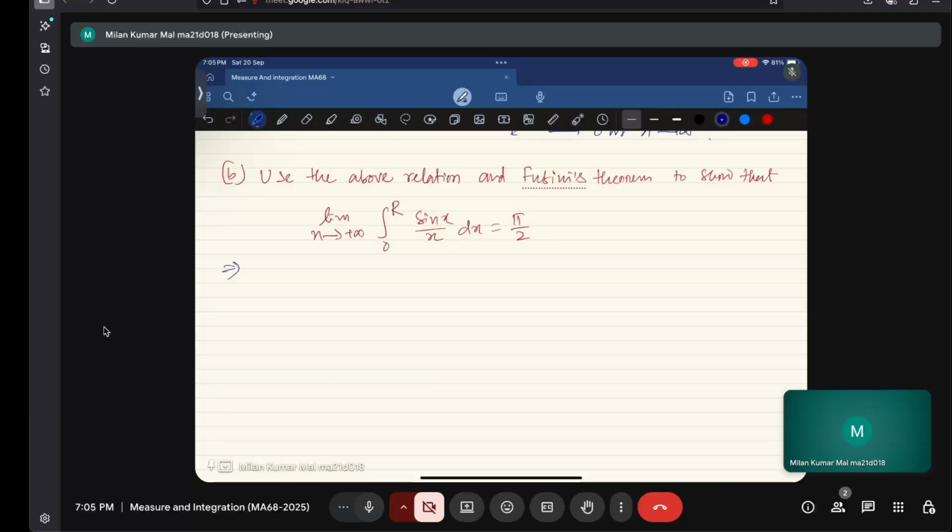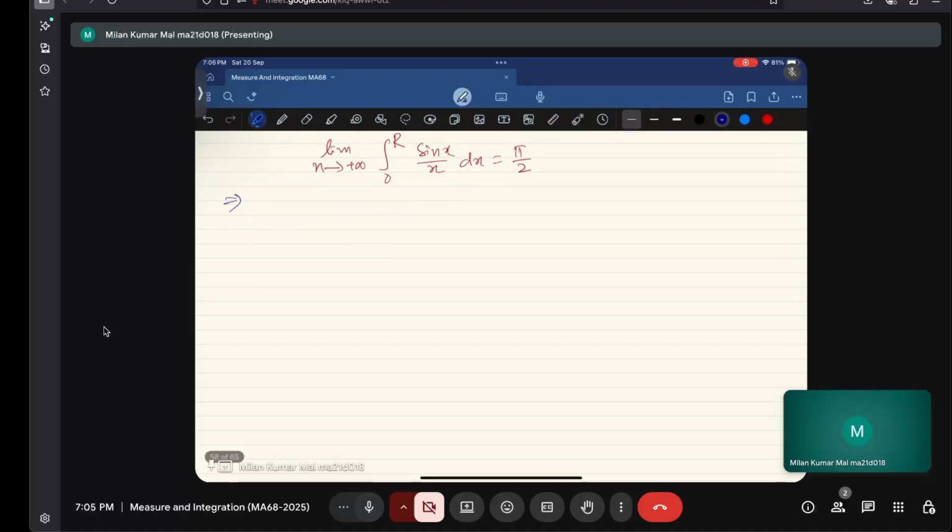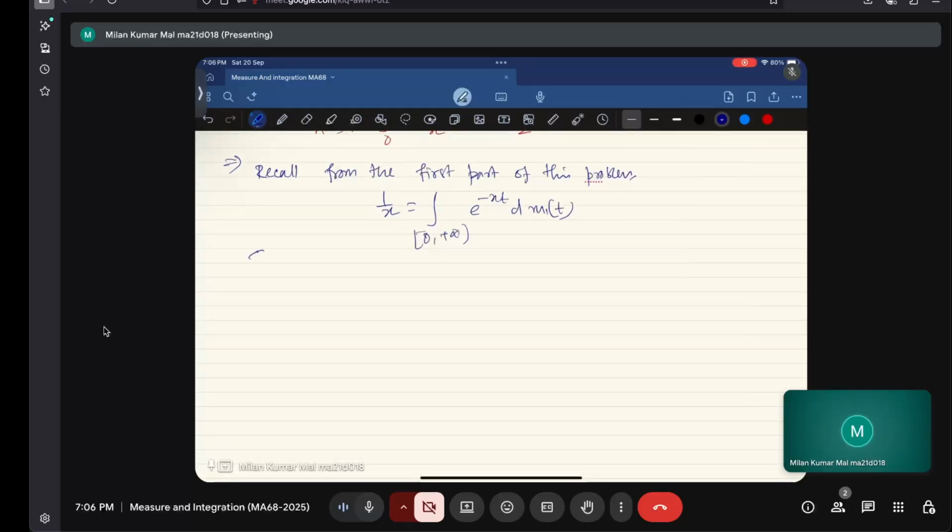Okay. So now first of all, recall from the first part of this problem what it says: 1 by x is equal to the integration over 0 to plus infinity of e to the power minus xt dm1t. So now if we replace this one, then what we'll get?